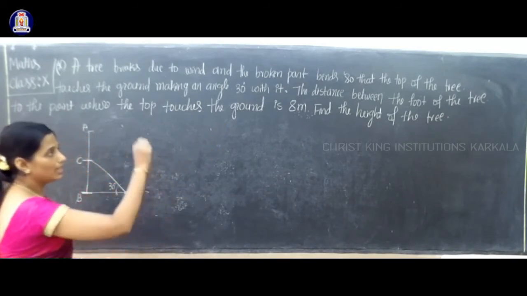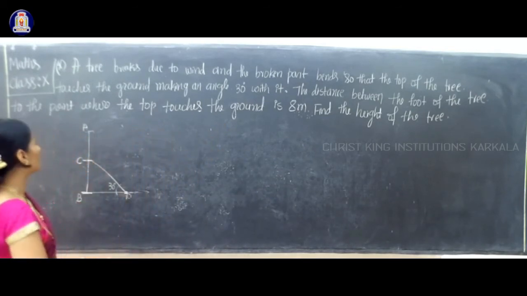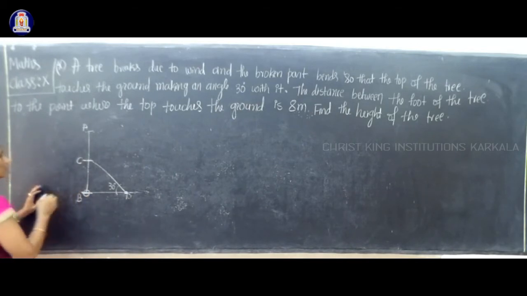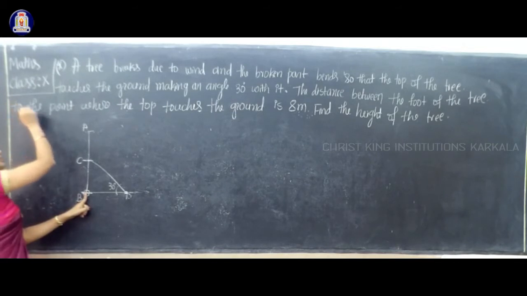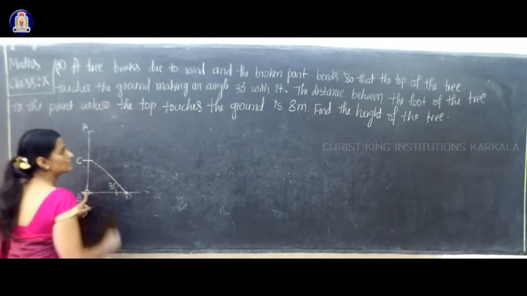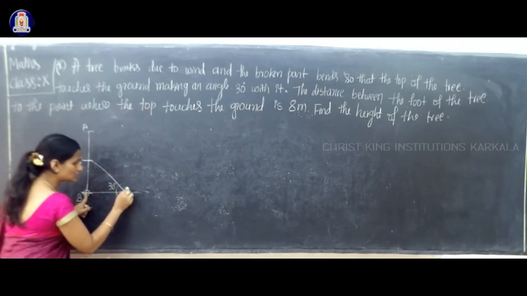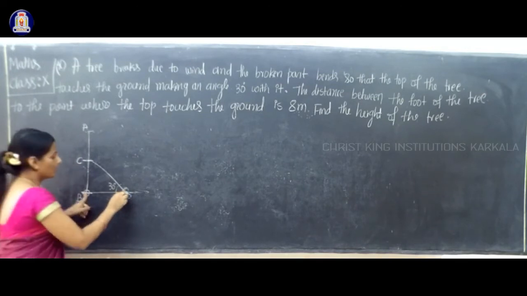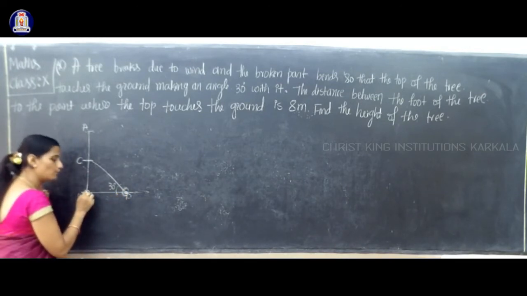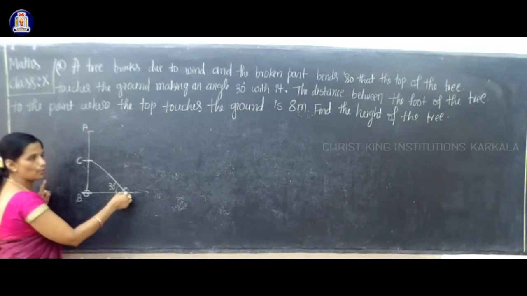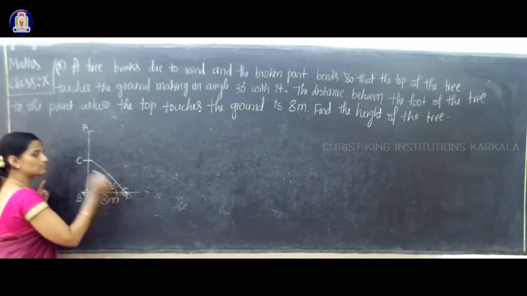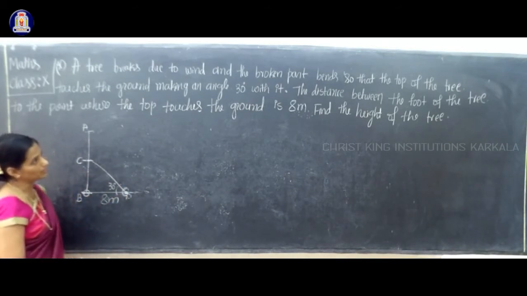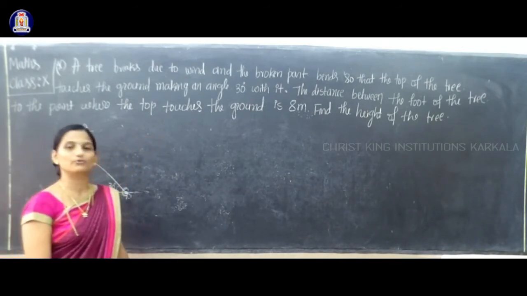Distance between the foot of the tree, this is the foot of the tree, to the point where the top touches the ground, at the point D, is how much here? 8 meter. So that means BD is 8 meter. Find the height of the tree.